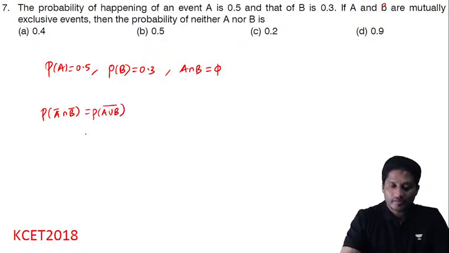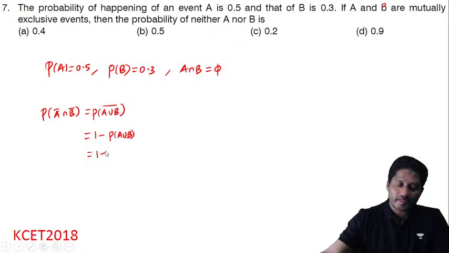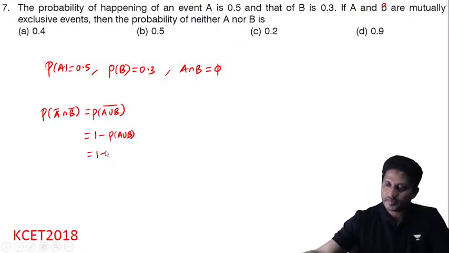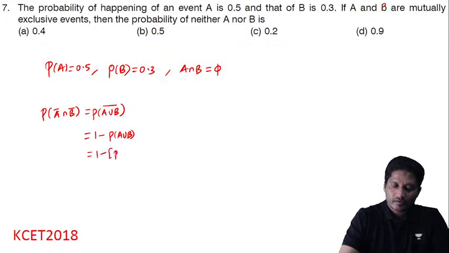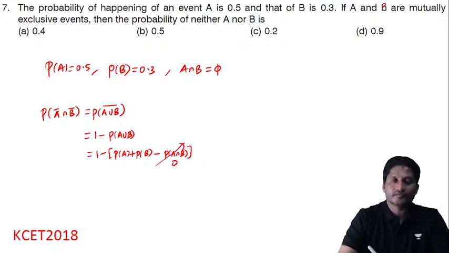P of (A union B) bar is 1 minus P of A union B, equal to 1 minus of P of A union B, which is P of A plus P of B minus P of A intersection B. Right? A intersection B is a null set, so probability is 0.